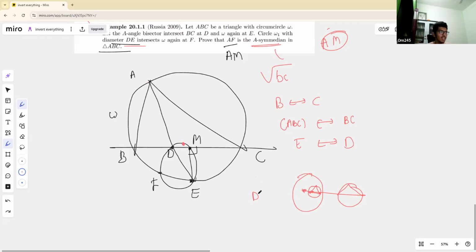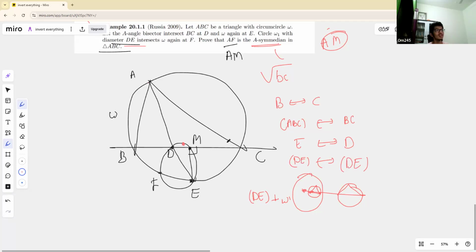So this circle with diameter AD is orthogonal to omega, whatever, the inversion circle. And now we're doing a reflection about the angle bisector, but AD is a diameter, so the reflection will just preserve the same circle. That just tells us this circle maps to itself. It's orthogonal.